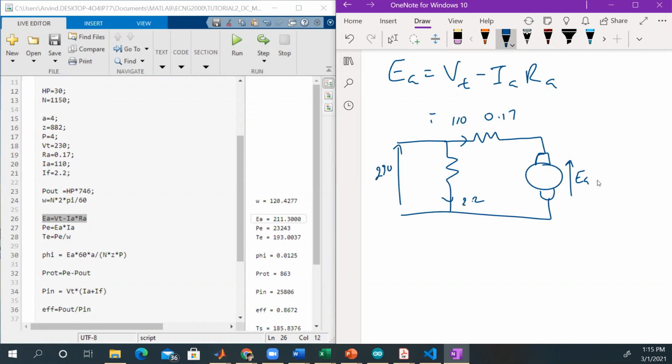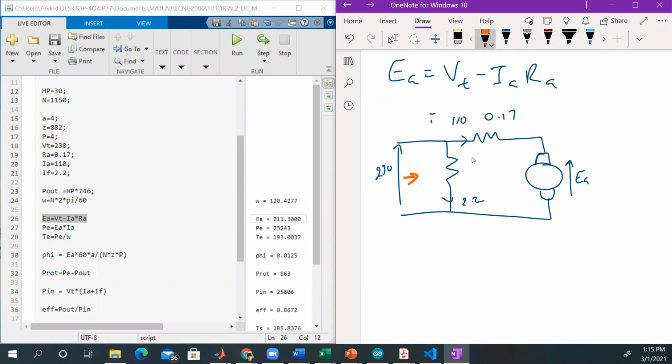So next we want to find the rotational losses, right? This is something that often confuses people. You have to think about the power flow in the system. How is the power going from input to output? When the power comes in, you have the voltage and current that gives you the power.